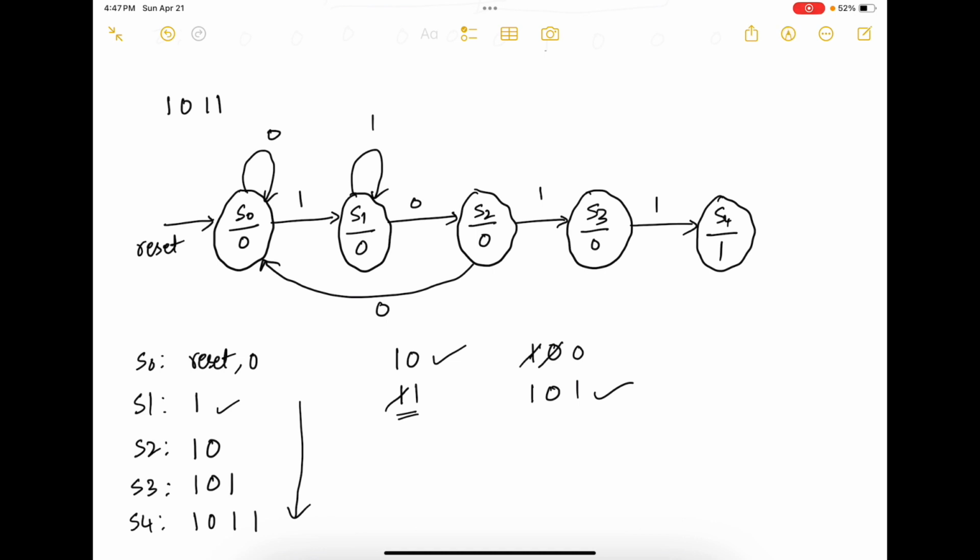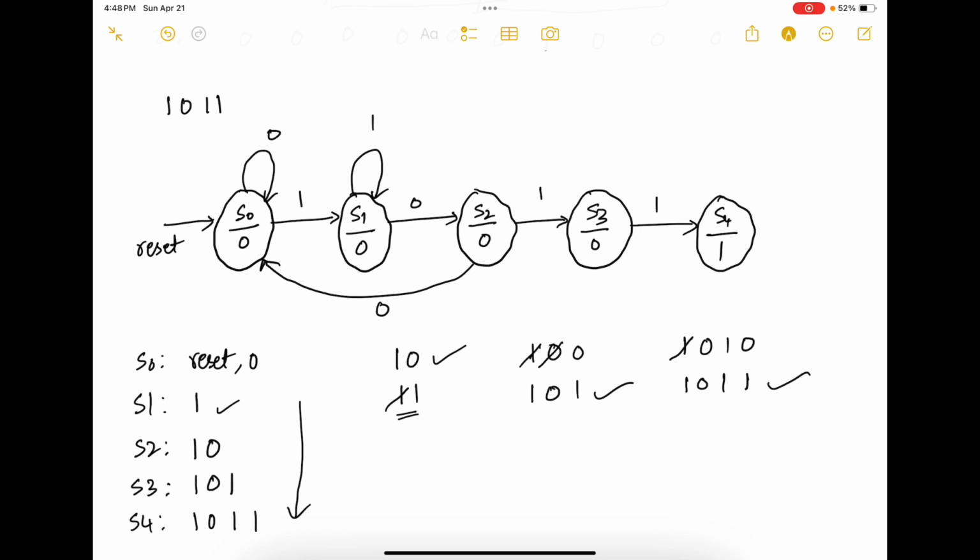Now let's go for S3. You reach S3 by having the pattern 101. Now there are two possibilities. Either you can get a 0 or you can get a 1. If you get a 1, you move to S4, all good. But what if you get a 0? Now again, look for a state which has 1010.